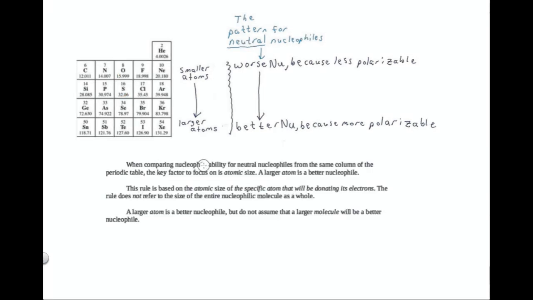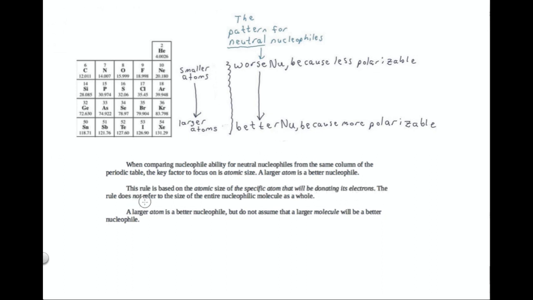When we are comparing nucleophilicity for neutral nucleophiles with elements from the same column of the periodic table, the key factor to focus on is atomic size. The larger atom makes the better nucleophile. This rule is based on the atomic size of the specific atom in the nucleophile that will be donating its electrons.